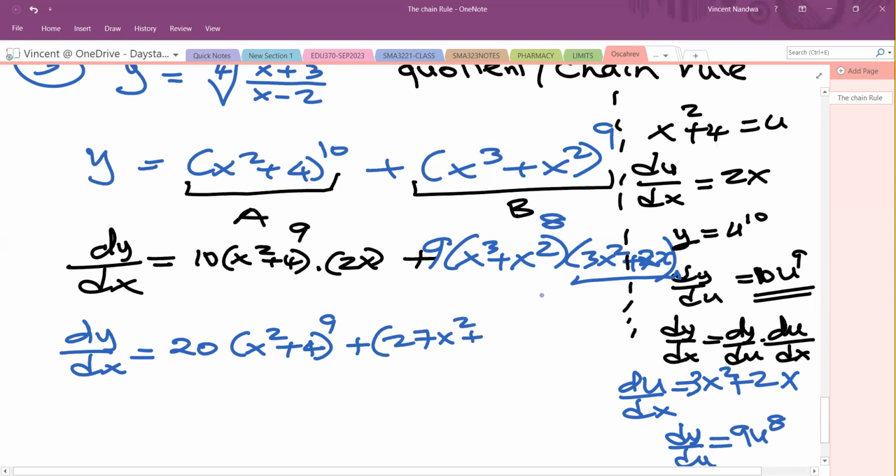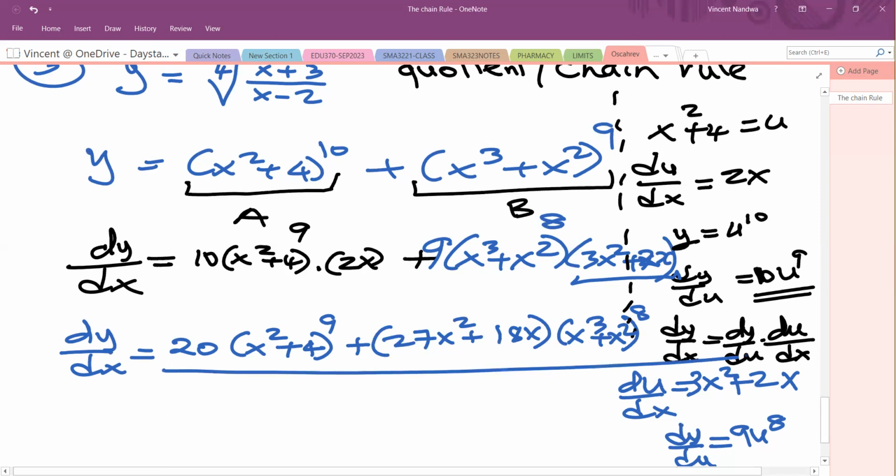Plus 9 times 2x, 18x. And then you just multiply by (x cubed plus x squared) power 8, okay? And then that's the final answer. So that is how we're supposed to work on that problem.